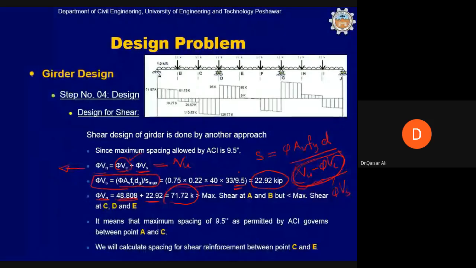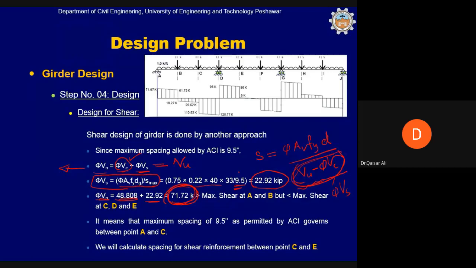If we provide stirrups at 9.5 inch center to center everywhere along the length of the girder, we will have a capacity equal to φVn 71.72 kip all along the length of the girder.